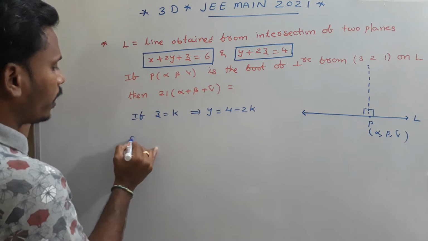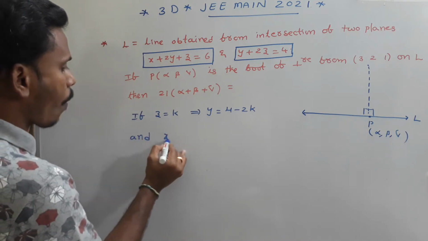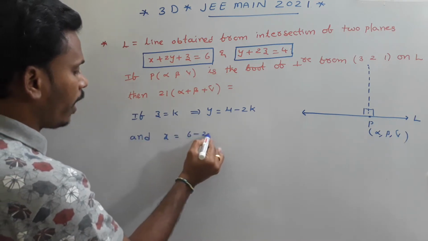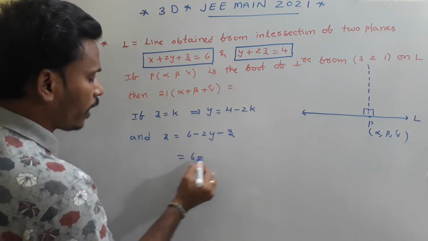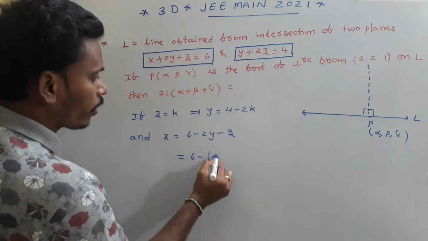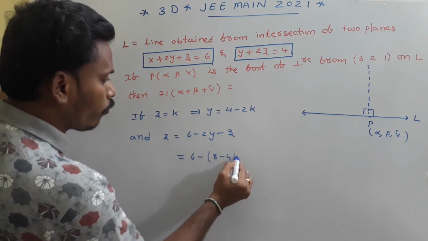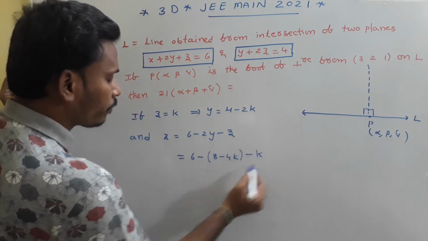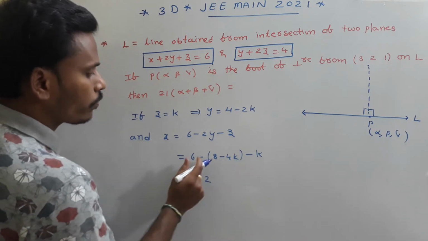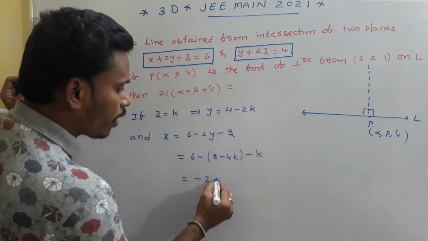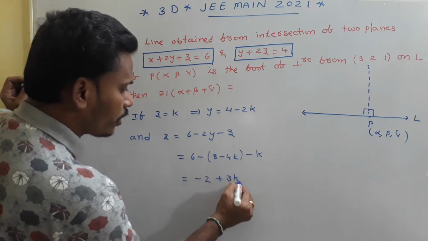Okay. And x is equal to 6 minus 2y minus z, that is equal to 6 minus 2 times y, which is 8 minus 4k, minus k. So this is equal to 6 minus 8, which is minus 2, and minus of minus 4k is plus 4k, minus k, so plus 3k.